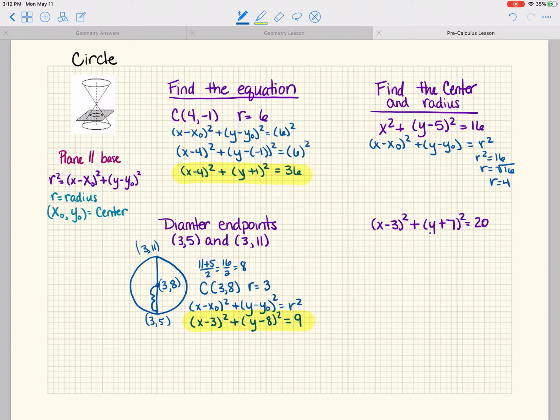Then we want to figure out what values I'm subtracting for the center. x squared is (x minus 0) squared, and (y minus 5) means that this would be 5. So we have a center at (0, 5) and a radius of 4. Okay, same idea.